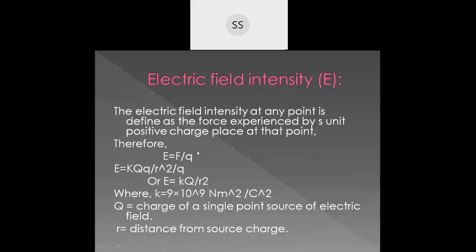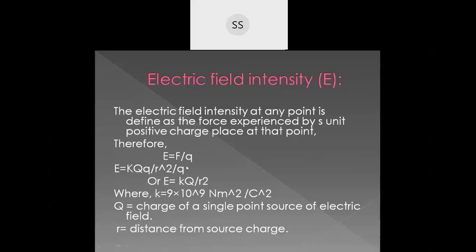Since the electric field at any point is the force experienced by the test charge, E equals F divided by q. Here, two charges are present: one is the source charge and one is the test charge. We take the magnitude of the source charge as capital Q, and for the test charge it is smaller q. We know the value of F according to Coulomb's law, which is K Q q divided by r square.